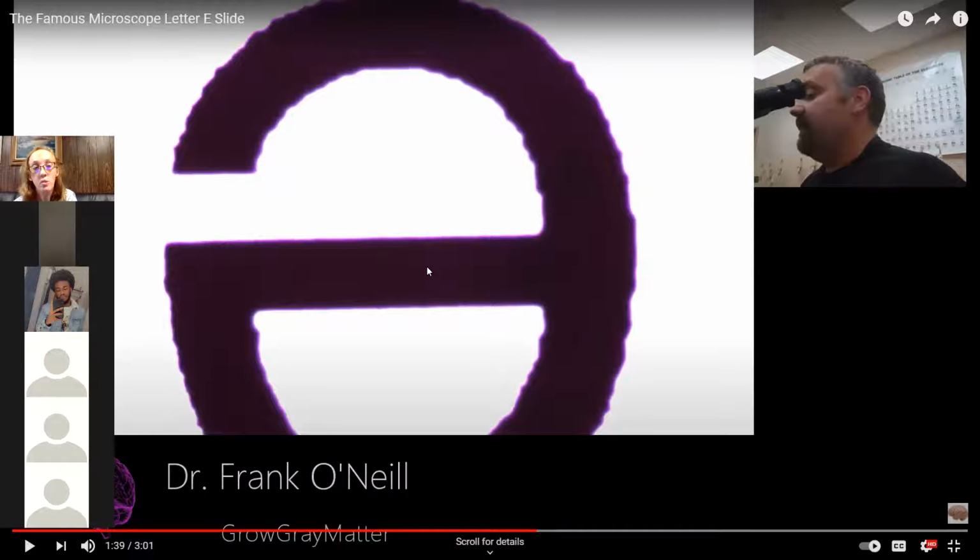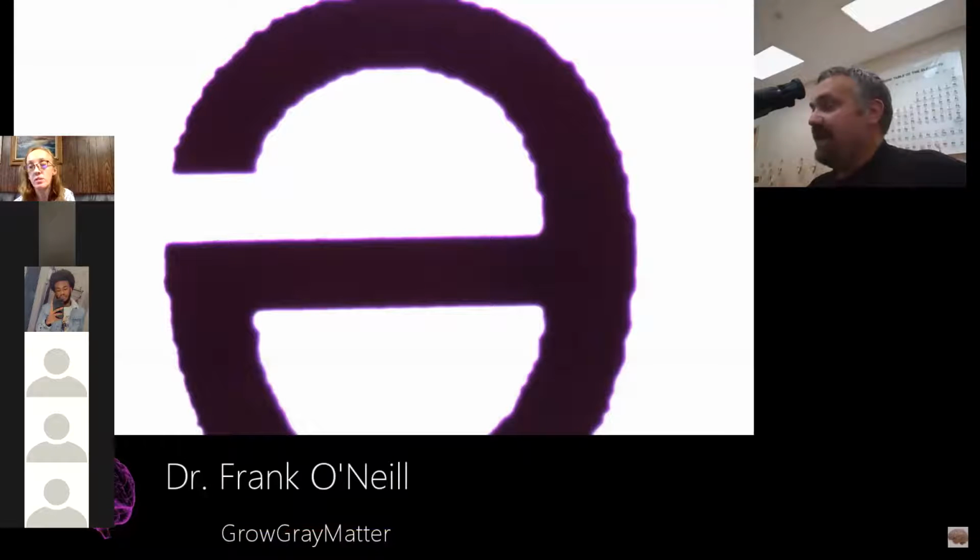So when you go up in magnification, your field of view becomes smaller. And that's because as I just jumped from the 4x objective with a total magnification of 40 to the 10x low power objective with a magnification of 100, my magnification went up 2.5 times. So my field of view is now 2.5 times smaller.